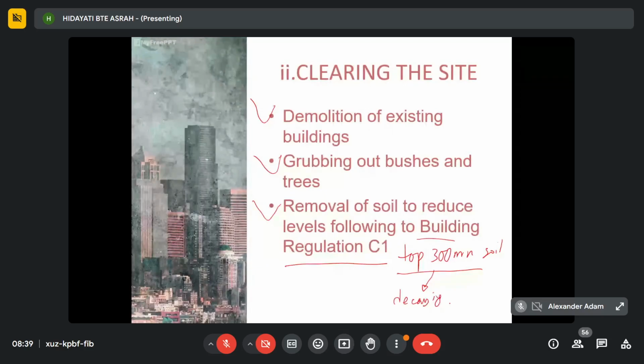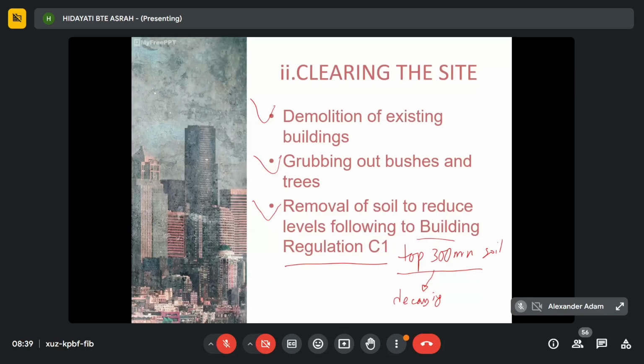So it is necessary to remove this layer. This layer is unsuitable for you to build any structure on top of it. Because this topsoil may be compressible soil, it will cause settlement and might affect the stability of the building. So according to building regulation C1, the 300 millimeter topsoil should be removed because we don't want to have a settlement problem.